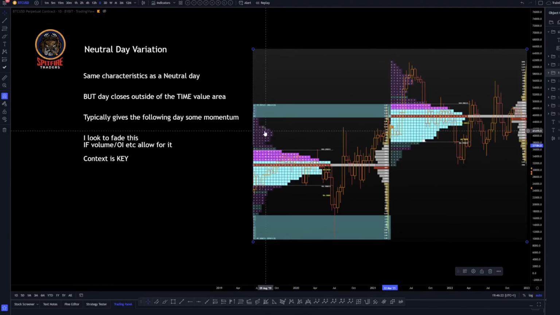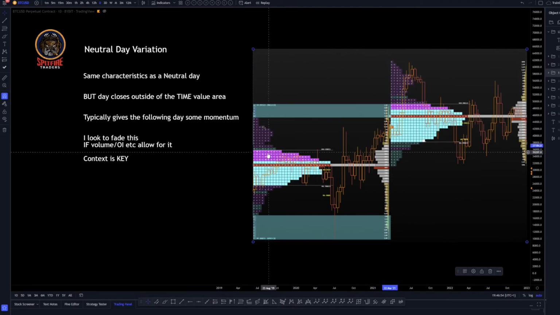Now this, typically speaking, will give the following day a little bit of momentum. The whole thing about TPO theory is tied in with the stock market. They don't trade 24 hours a day like we do with crypto, so it's a little bit different for them. When price closes, they've got a big window before they come back to the charts the following day before trading opens again. For cryptocurrency, price closes here and the next minute we open again.